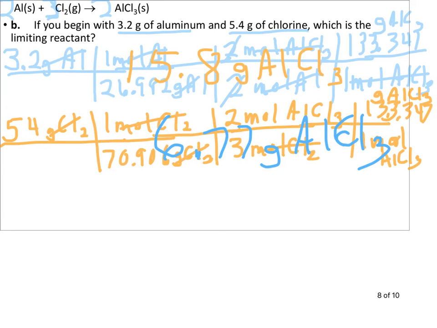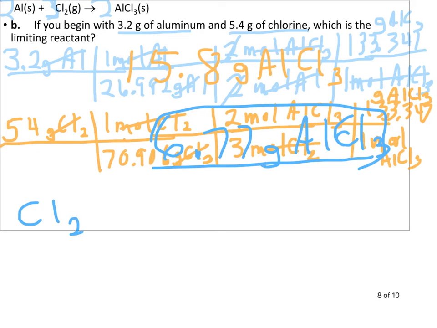Smaller one is our limiting reactant. So that means that Cl2 is the limiting reactant.